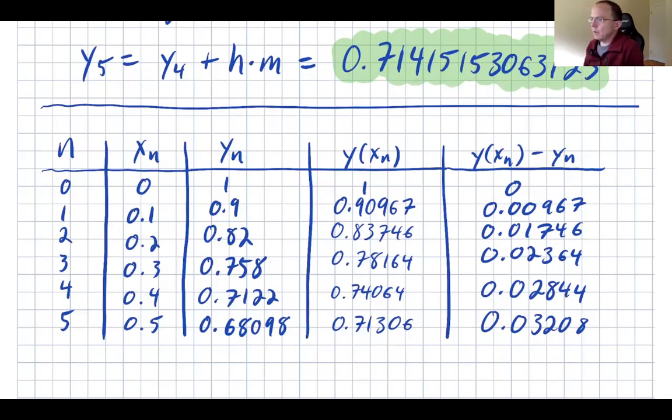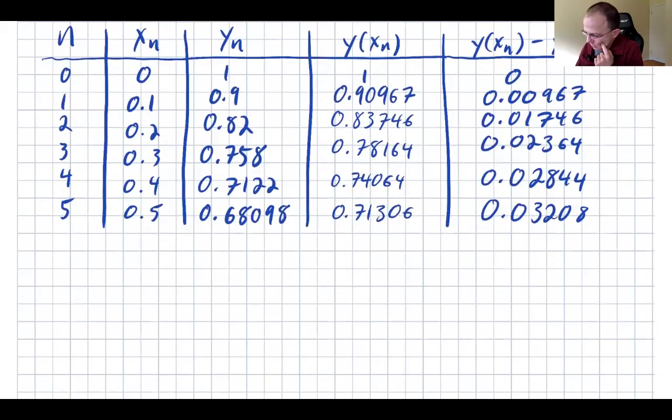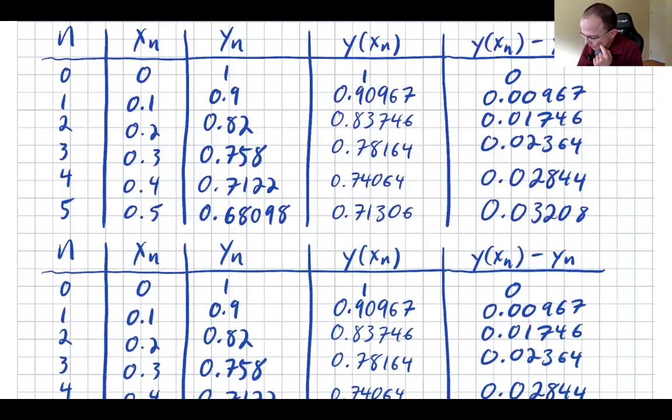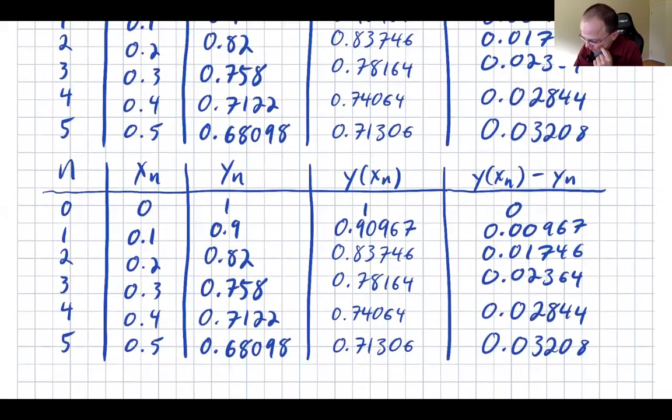So let me, oh, my computer's doing something funny. Okay, that's fine. All right, so I'm going to erase these numbers here and replace them with the numbers we got from the improved Euler method. I could maybe try to just do another copy of this like that, and then I'm going to erase these ones.